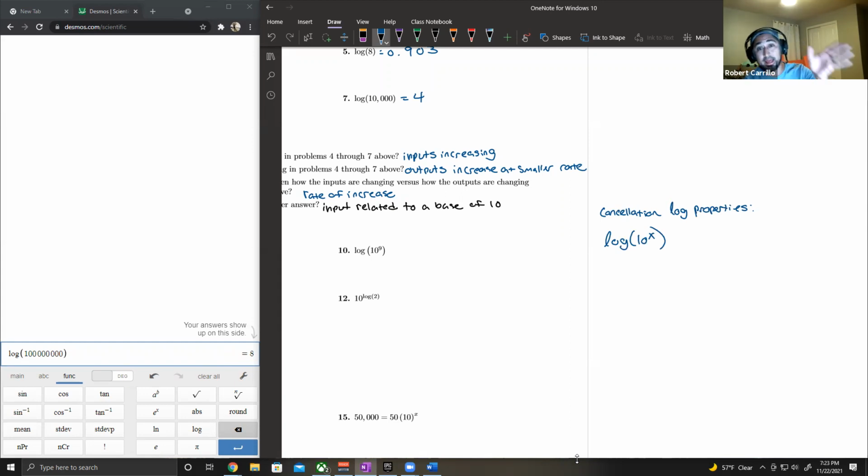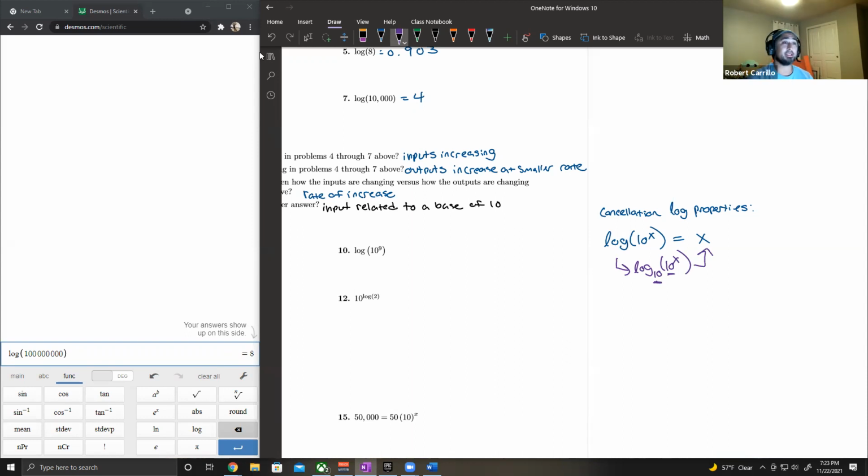So if you have the log of 10 to the x, this is going to cancel the log, and that base of 10 inside will cancel and leave you with just x. The reason is that since this is the common log, it can be written as log base 10 of 10 to the x, where this base of 10 and that base of 10 cancel and leave you with just x.